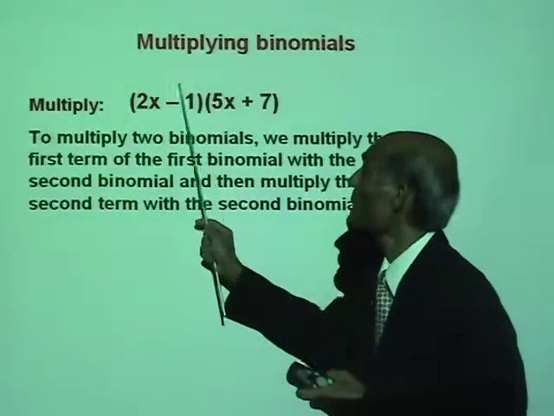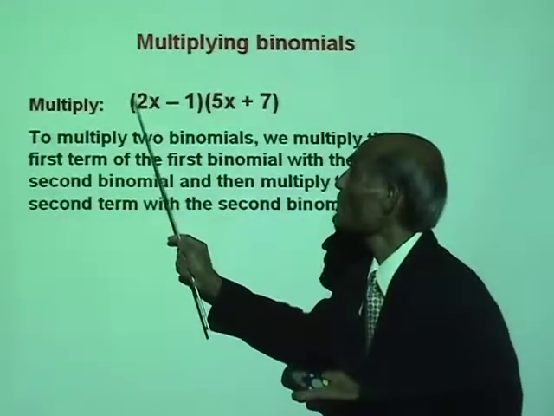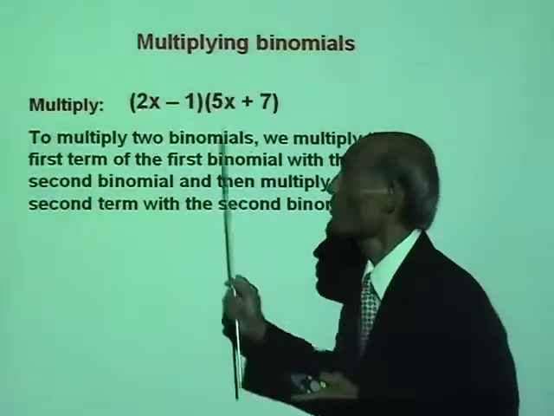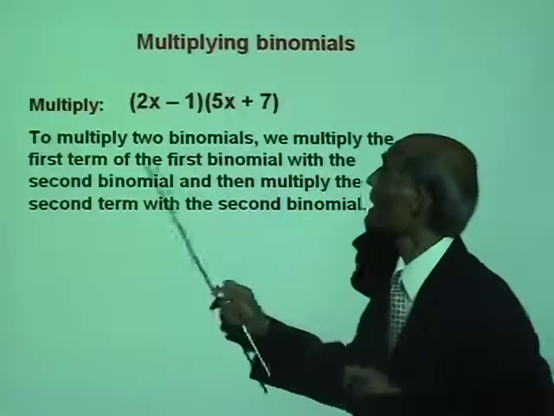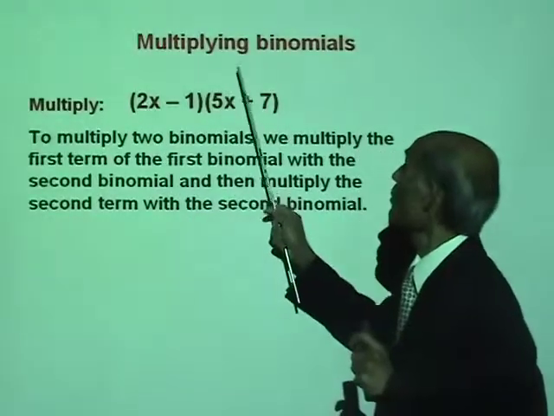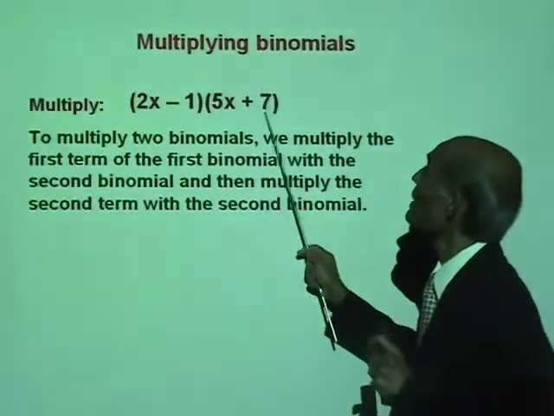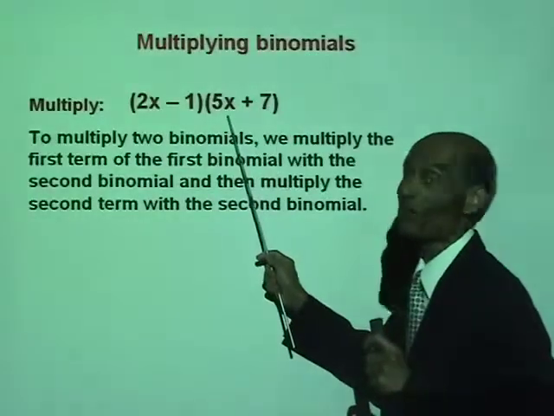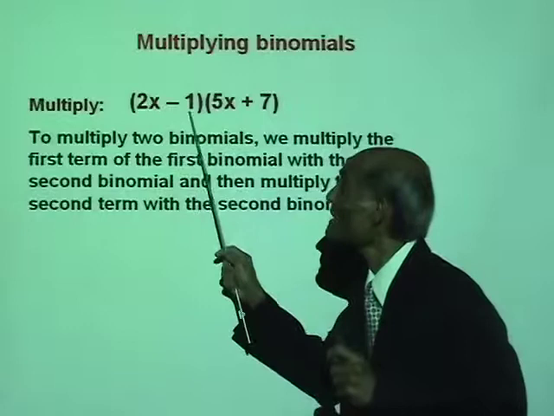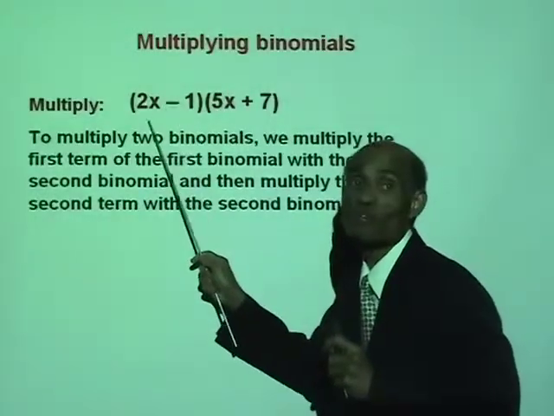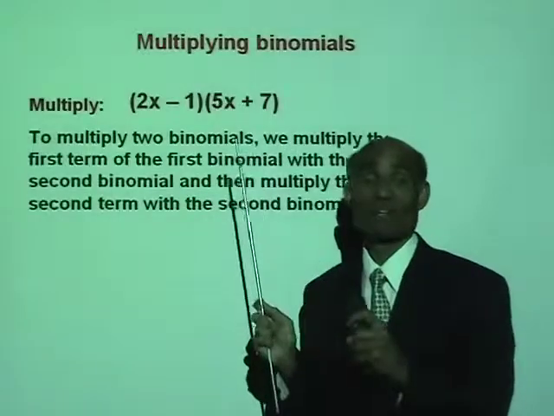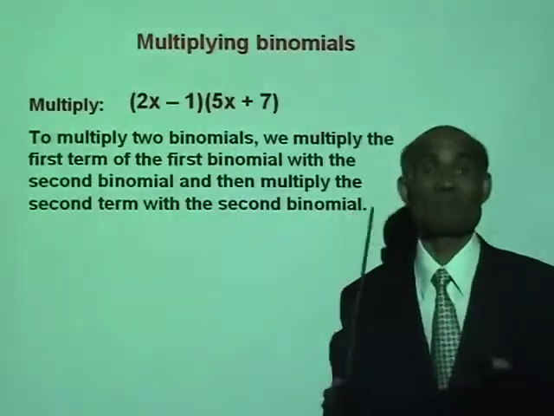This is the first binomial and this is the first term of the first binomial. So what do we do? Multiply the first term of the first binomial with the second binomial, and then multiply the second term of the first binomial with the second binomial, and then simplify.